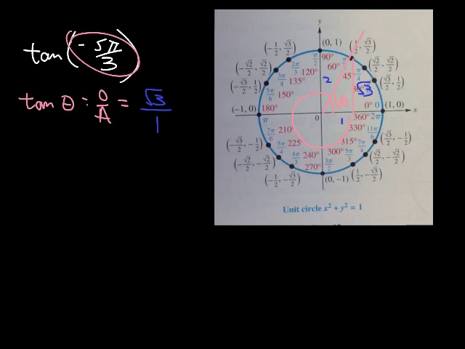And we're in the first quadrant, so it is positive. So the tangent of negative 5 pi over 3 is going to be the square root of 3. In other words, we were able to figure that out without a calculator. Really, we didn't even need the circle diagram that I have there at all either. But not too bad.